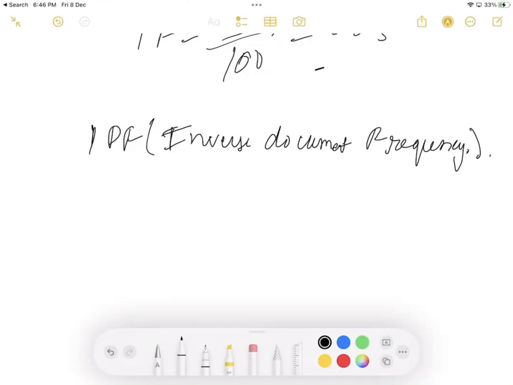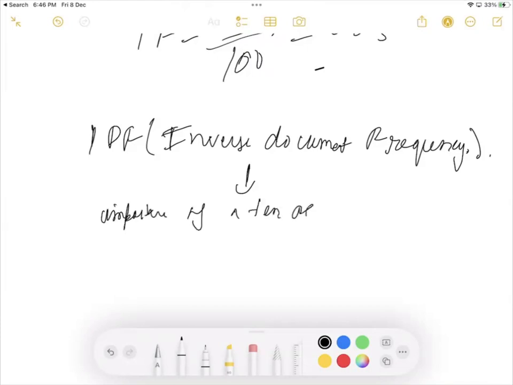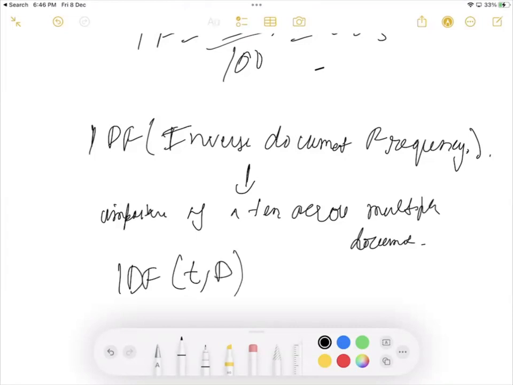IDF measures the importance of a term across multiple documents. How do we find it? IDF is again about term t, and this is my document.